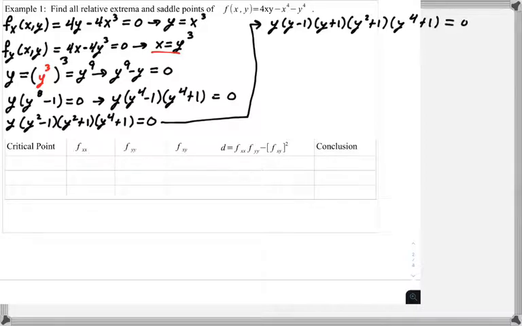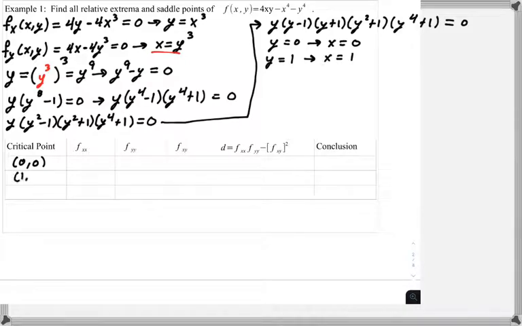Okay, so the y values we get here: y is equal to 0. So if y is equal to 0, you have the relation x is equal to y cubed. So x would be equal to 0 cubed, which is 0. So that gives us the critical point 0, 0. Next, y is equal to 1, and x is equal to y cubed, so x is equal to 1 cubed, so x is equal to 1.